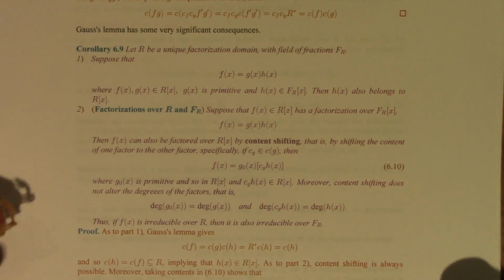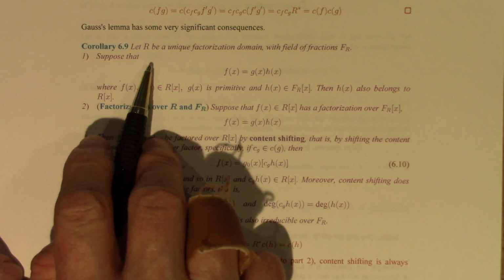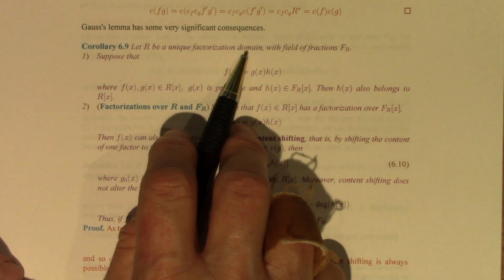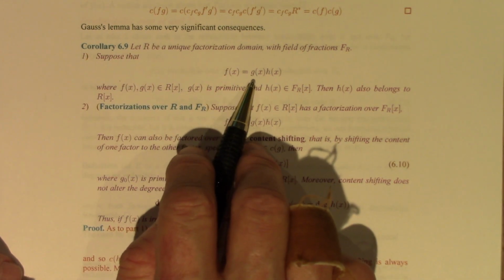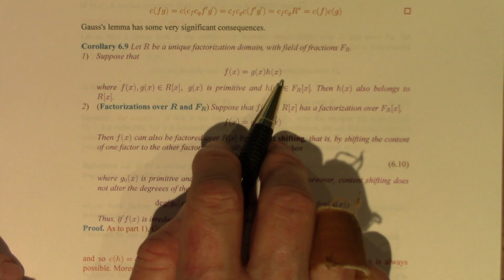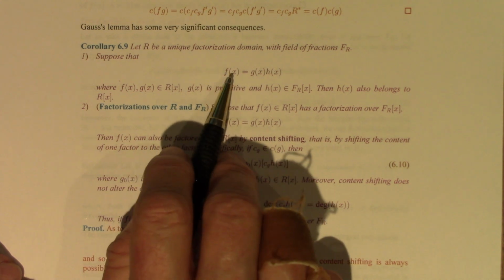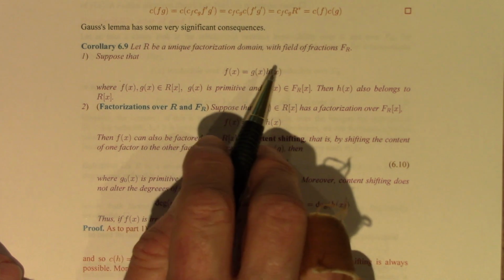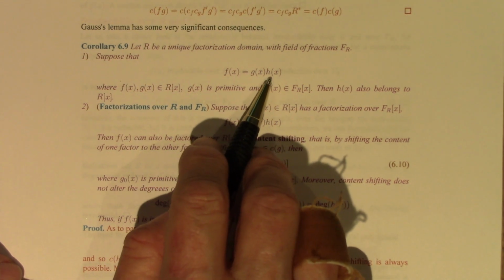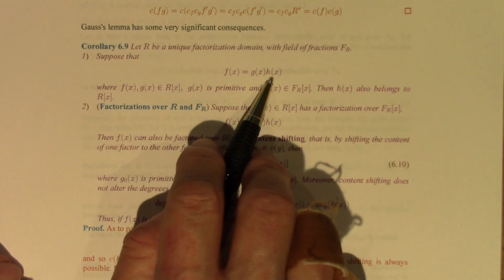Gauss's lemma has some very significant consequences. Here's a corollary. R is a UFD again. Suppose that f of x can be factored into g of x times h of x, where f and g are over the base ring R, and g of x is primitive. All we know about h is that it has coefficients in the field of fractions.